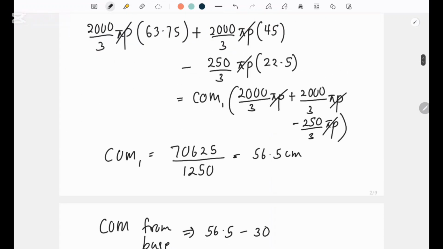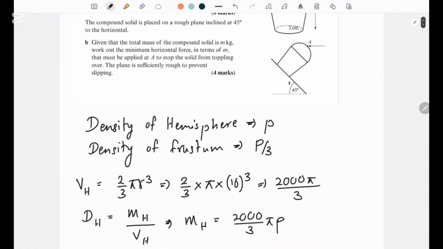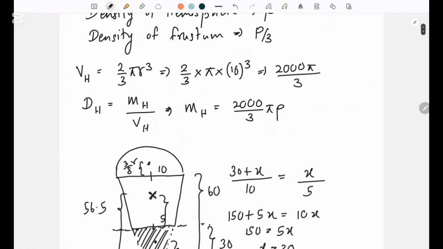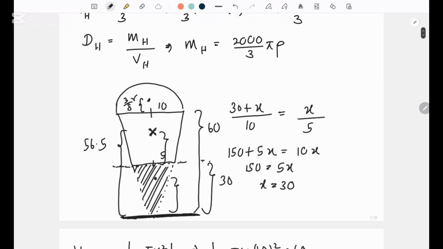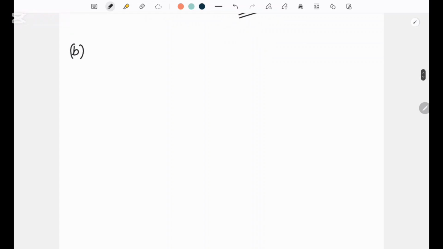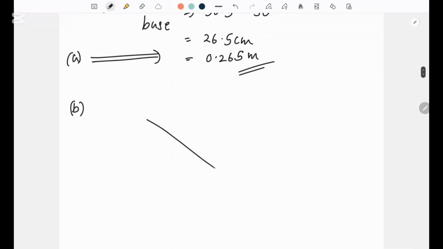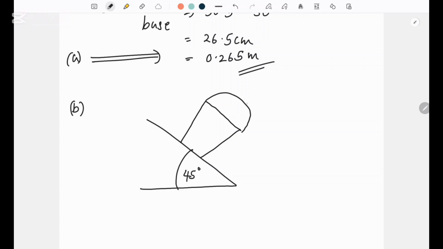Your diagram, if you go to your question, you can see, so let me draw a rough diagram. 45 degrees. This is your solid and this is the force at point A. We call it FA.